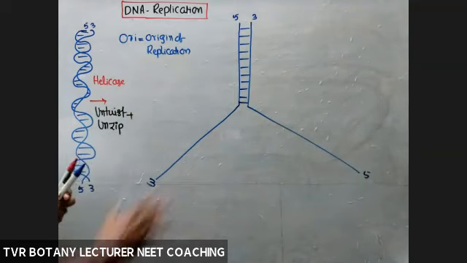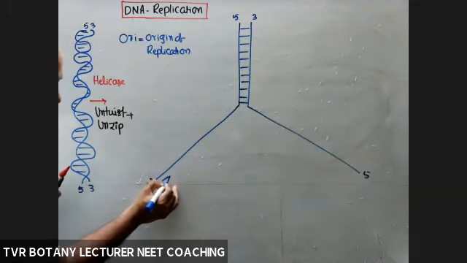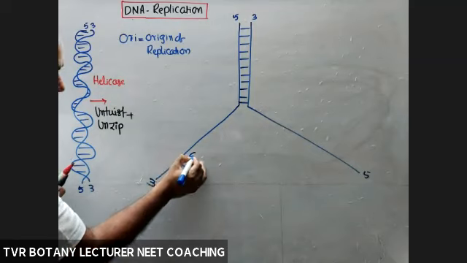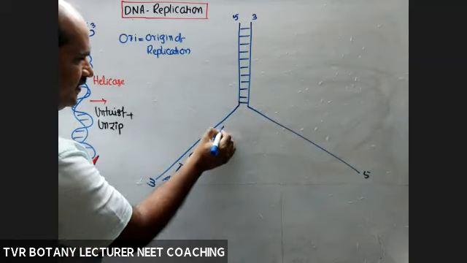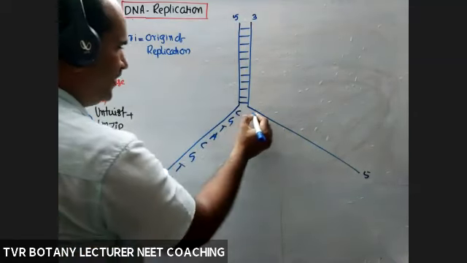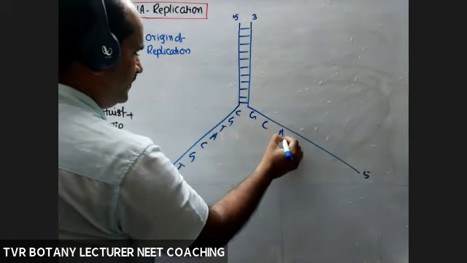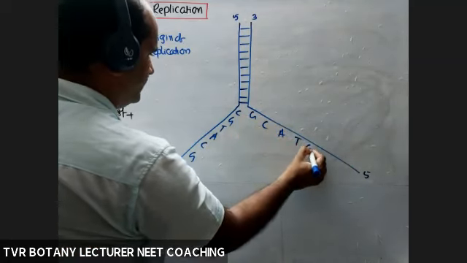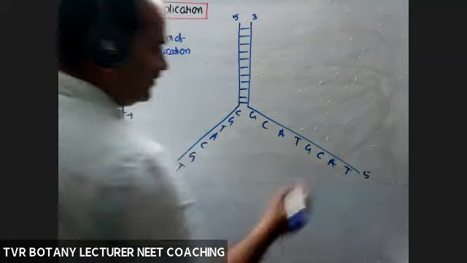Both the DNA strands are opened, and take a certain number of nucleotides, for example A, T, G, C, and complementary nucleotides G, C, A, T, G, C, A, and T, unpaired.